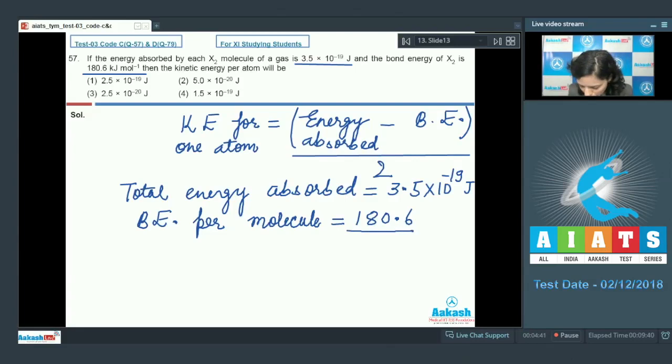It means it should be divided by Avogadro number to find out per molecule. And this value we need in joules, not in kilojoule. That's why I'm just going to multiply 1000 here. And this is the bond energy per molecule. So let's find out the kinetic energy per atom.